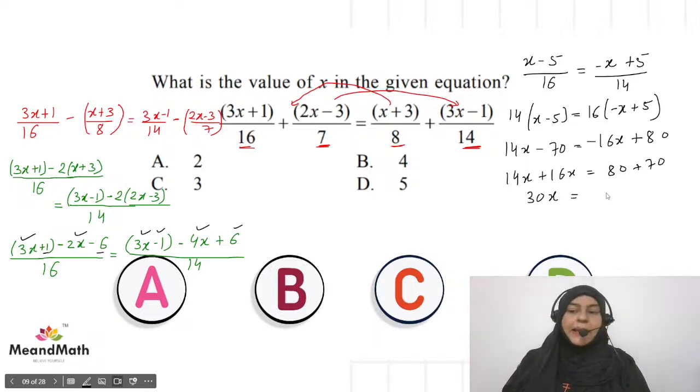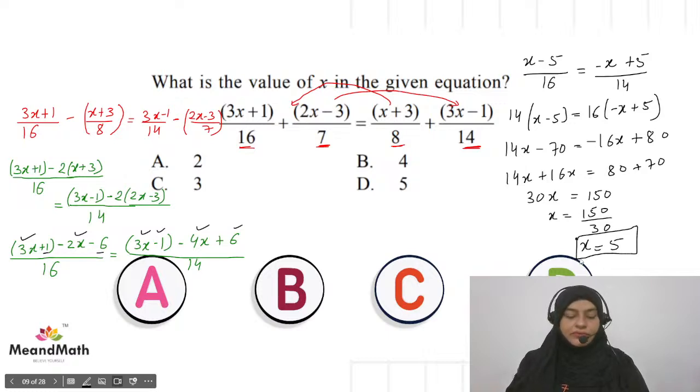And 80 plus 70, it will be 150. So x will be equal to 150 divided by 30, and 3 fives are 15. x will be equal to 5. I hope you all are getting the same answer, that is 5.